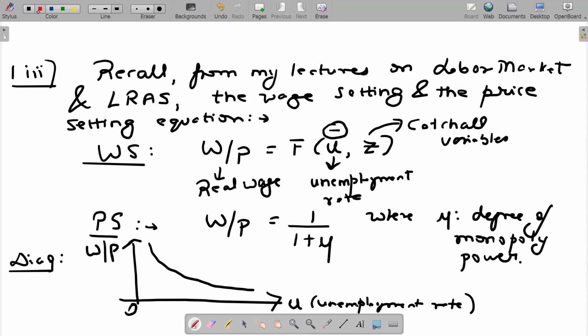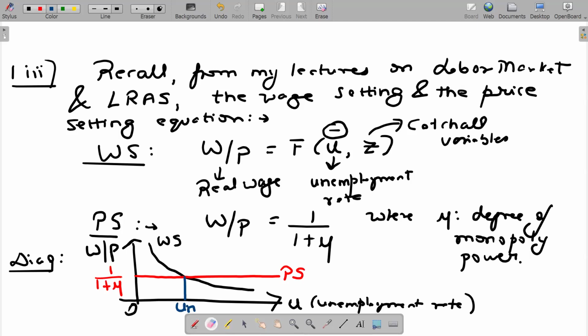And I have the price setting equation, which is a horizontal line, where W by P is equal to a constant 1 over 1 plus mu. So the black one is my wage setting, the red one is my price setting. Their intersection gives me the natural rate of unemployment UN.